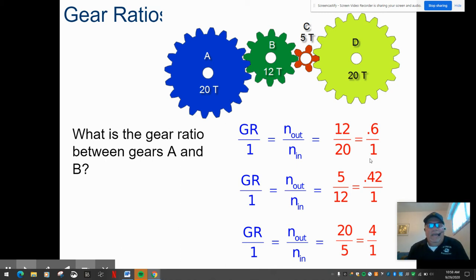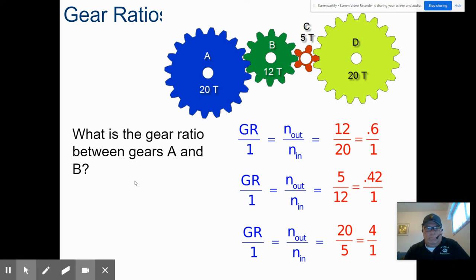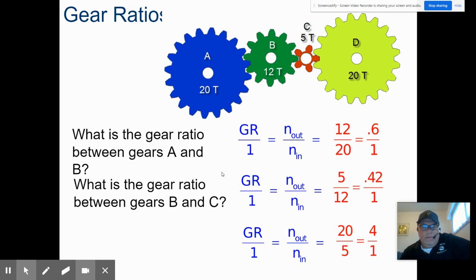And then what is the gear ratio between gears B and C, where B is the input gear and C is the output?